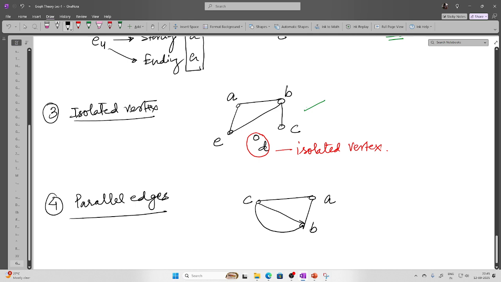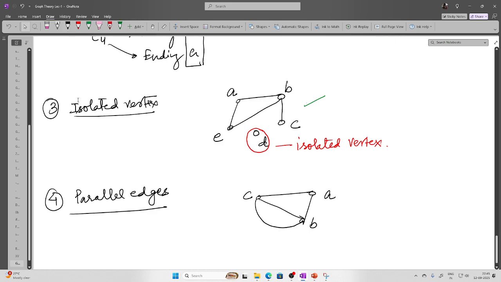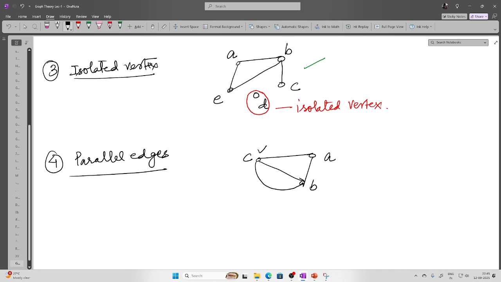In this particular graph, you will be able to see that between C and B, this is vertex B, this is vertex C, there are two edges, let's say E1 and E2, and this is E4 and this is E5. So between C and B, E1 and E2 are two edges. So they will be called parallel edges.